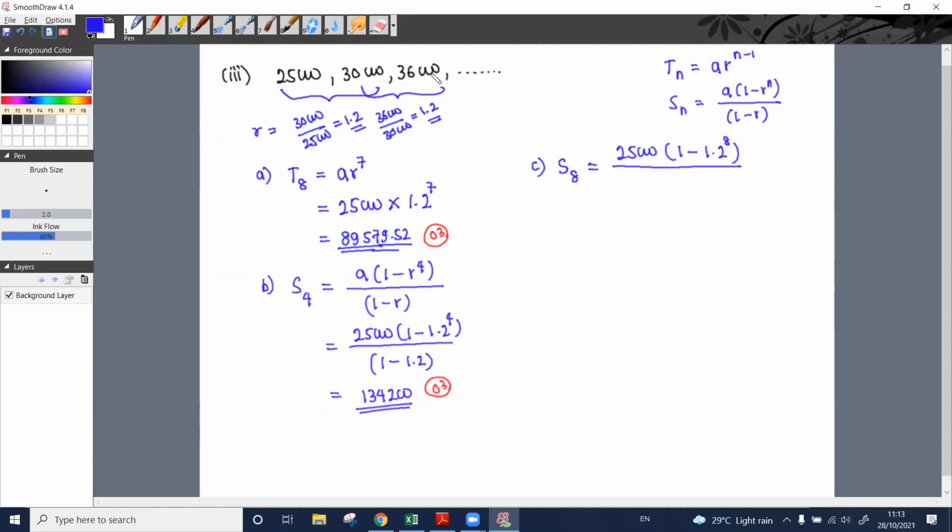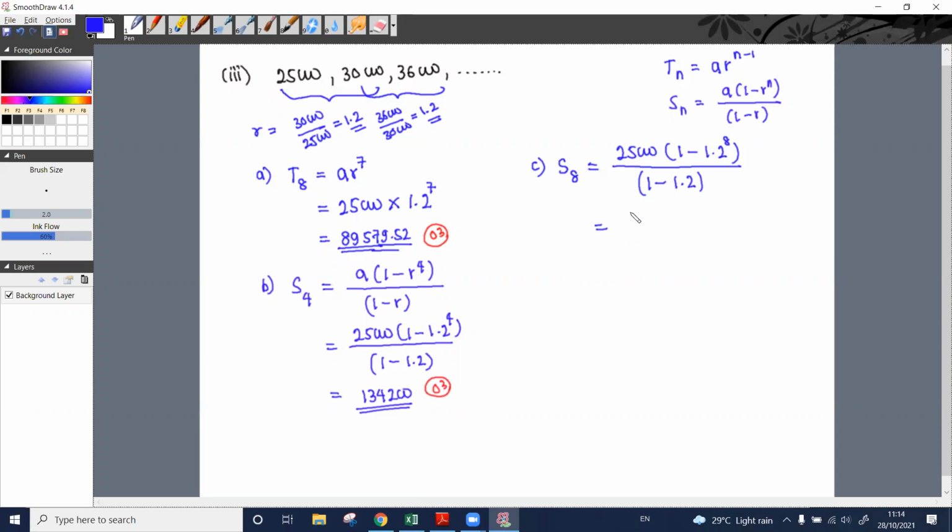Divide by 1 minus 1.2. What you will get? 1 minus 1.2 to the power 8 into 25,000 divided by within brackets 1 minus 1.2.